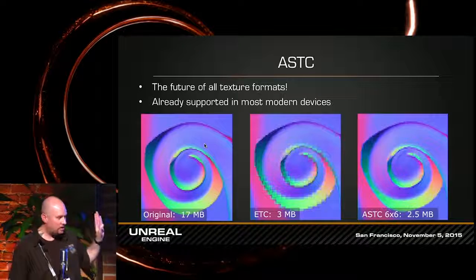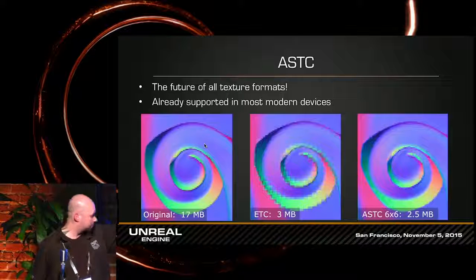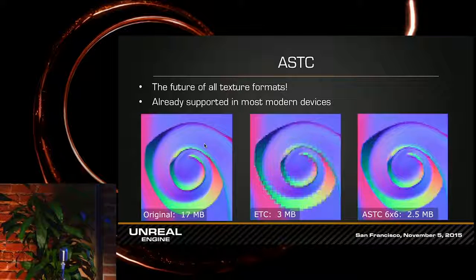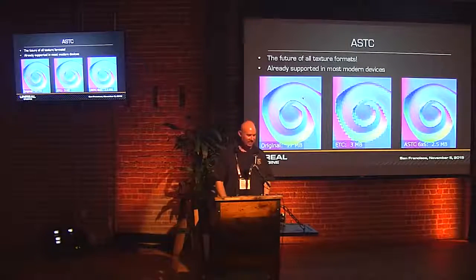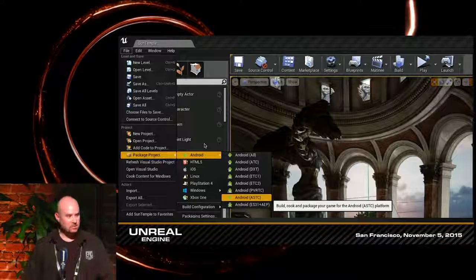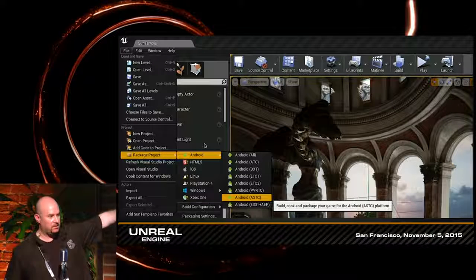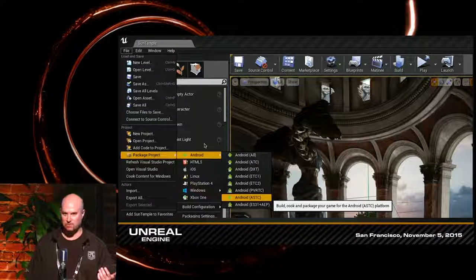And you really shouldn't make your games look like the middle one. Don't do this, right? Just don't do it. I will haunt you in your dreams. Utilize what the powers have given you, what Qualcomm and Imagination use, their formats, or use ASTC. We support ASTC in UE4. Just go to package for Android and choose ASTC. It's also supported on iPhones in Metal.